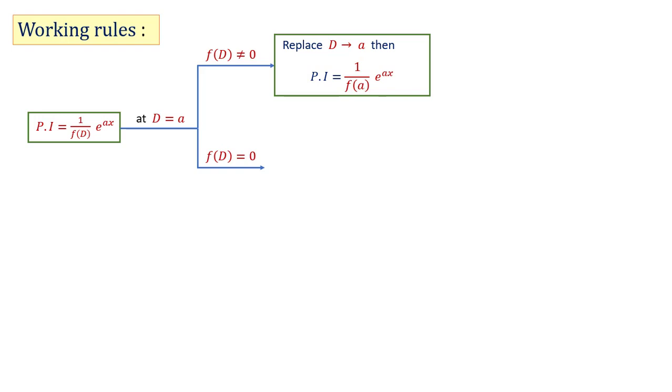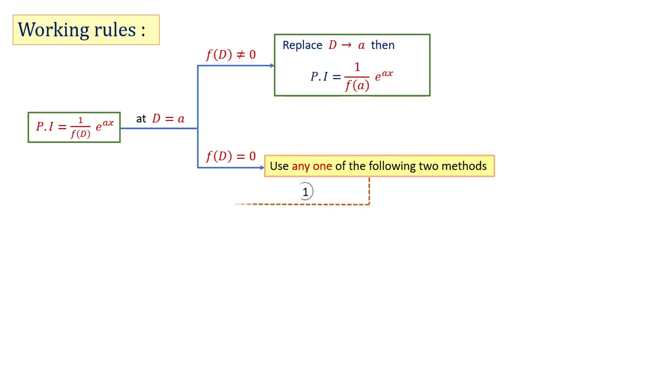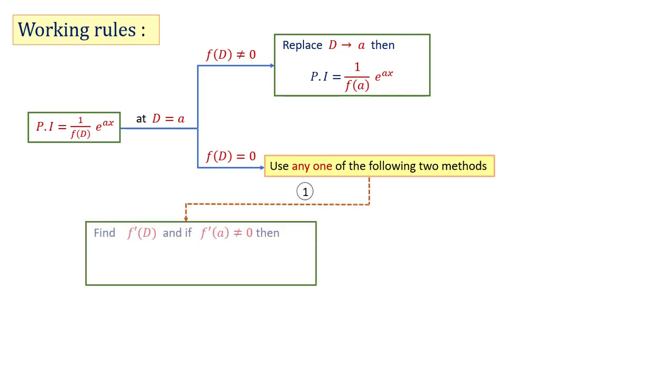Now if f(a) is equal to 0, then we can use any one of the following two methods. First method, find f dash D, and if f dash a is not equal to 0, then the particular integral is equal to x into 1 upon f dash a into e power ax.